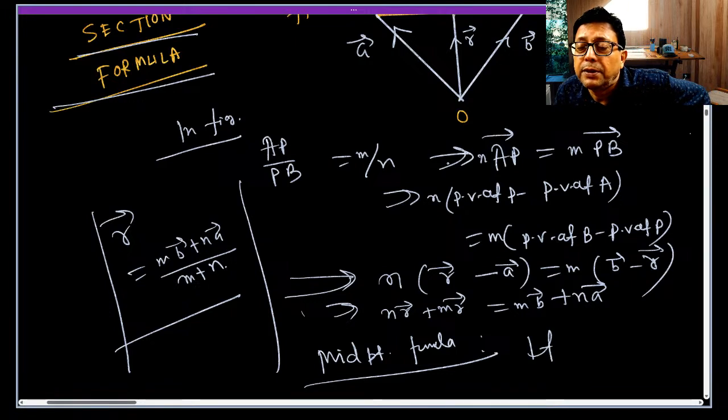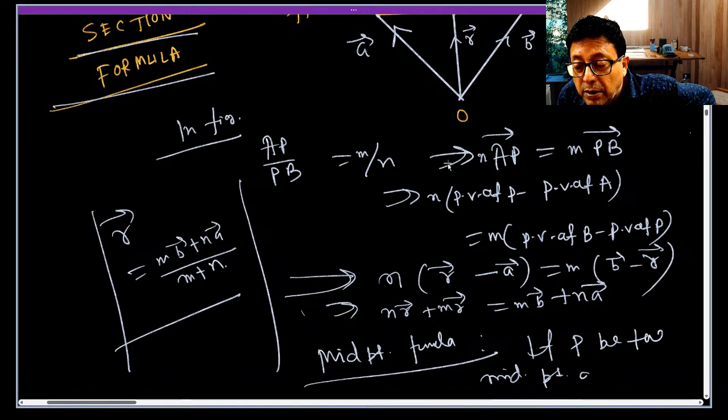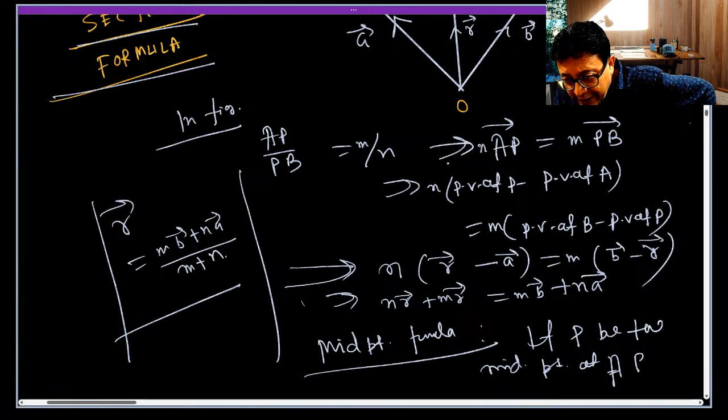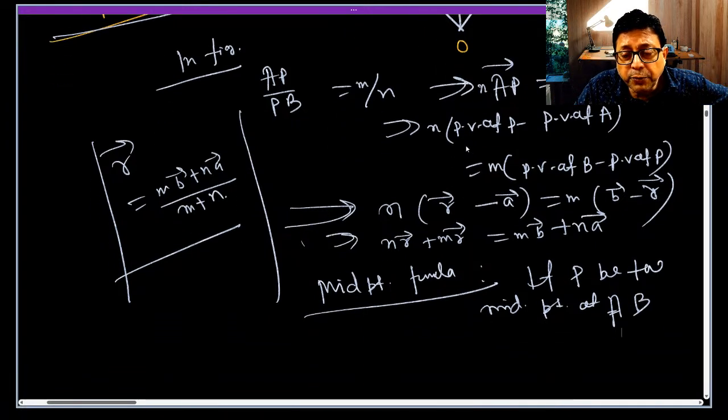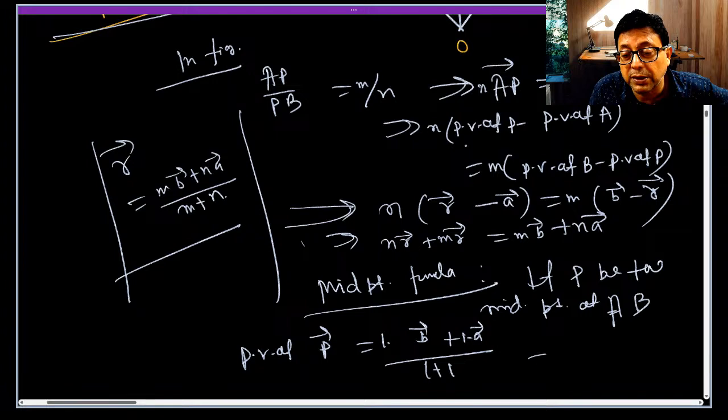If P be the midpoint of AB, then position vector of P, with 1:1, is 1 into B plus 1 into A by 1 plus 1.